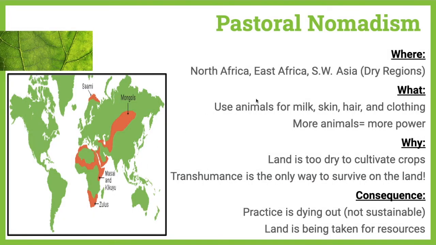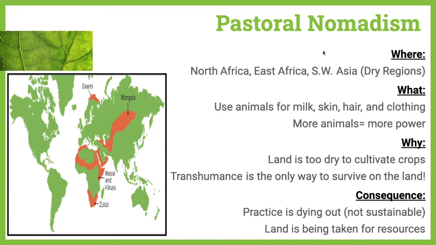Pastoral nomadism is found, as you saw on that map, mostly in Central Asia, Southwest Asia, and then North and Eastern Africa. Now, importantly, in North Africa, notice it's around the Sahara. It sort of borders the Sahara Desert there, and that's important because pastoral nomadism is a type of farming that occurs when land is too dry to actually cultivate crops.